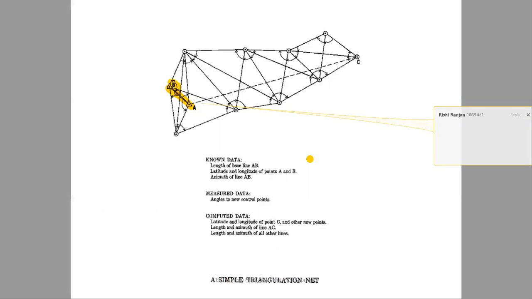We measure the angles to the control point, so we measure all the angles and then we calculate point C, or the new points required. We will be able to calculate them using basic trigonometric relations.